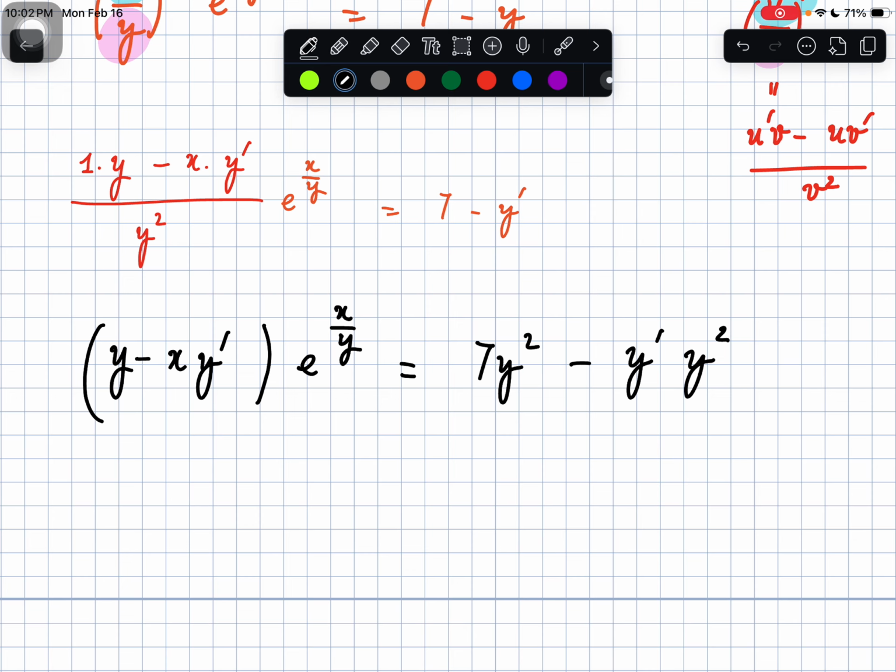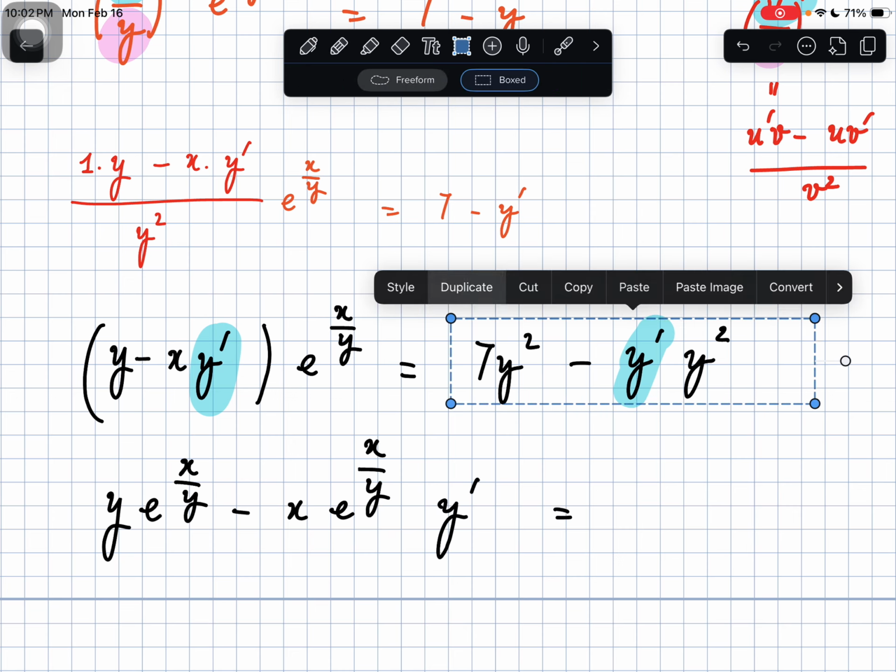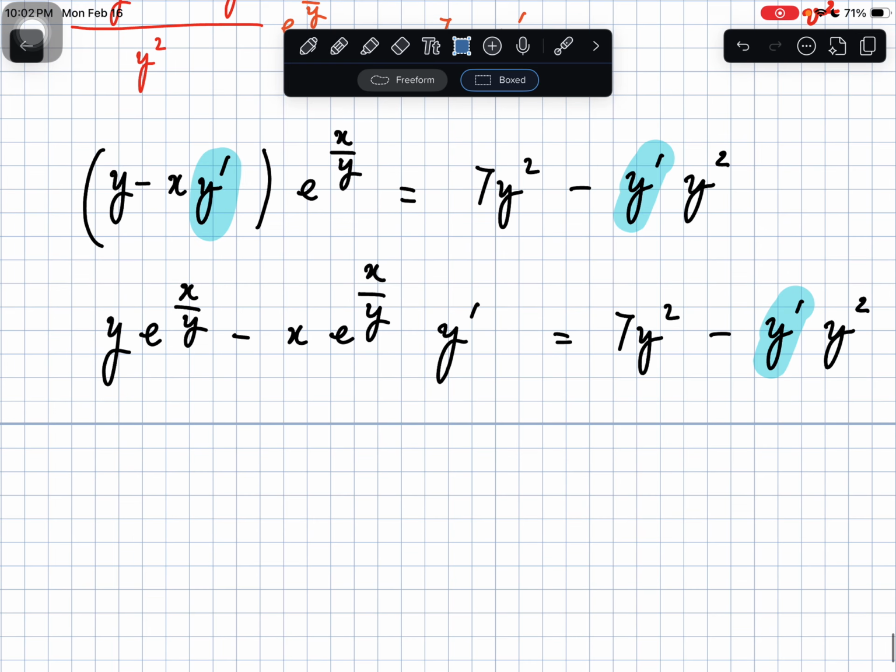Now we try to group this y prime. I expand everything. y e to the x over y, minus x e to the x over y y prime, equal to the right hand side. So we have this y prime here and there. Just bring this one to the left, or the other way around.